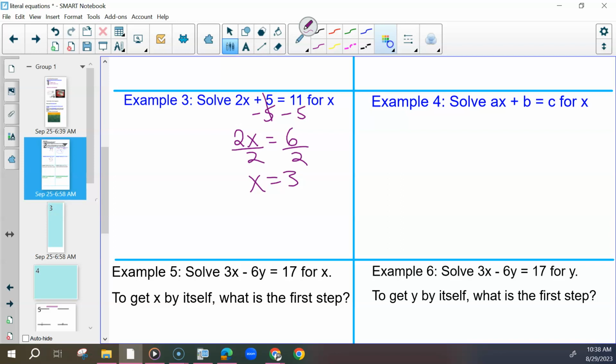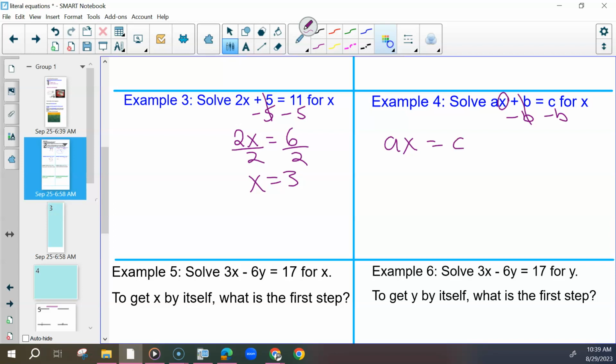Now think about what we just did. How could we use what we just did on example 4? If we're solving for x, we're trying to get x by itself. When you say put B under C, doing what operation? Not dividing. What do we do here? Subtracting. So we're going to subtract B from C. However, B and C are 2 different variables.